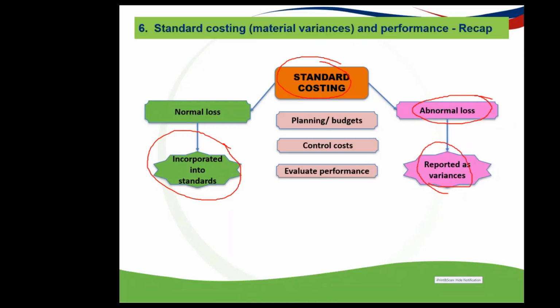Okay, so if we're going to have a normal loss, let's say due to evaporation, a 2% normal loss, then we already incorporate it into our standards because we're expecting it. So when we do our variance analysis, it's not unexpected. No one needs to account for something that we did expect to happen.